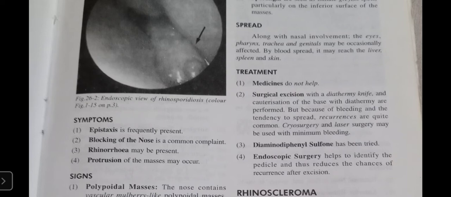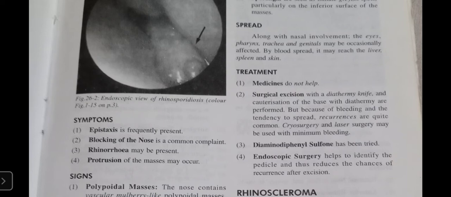Then in pathology, what happens in rhinosporidiosis is that a polypoidal mass, a polyp-like mass, is formed in the nose. That polyp may arise from the nasal septum or from the turbinates. That polypoidal mass may track backwards into the nasopharynx, and may extend up to the nasopharynx or oropharynx also.